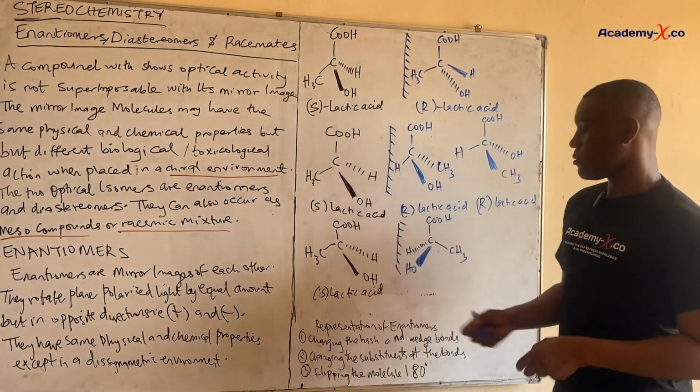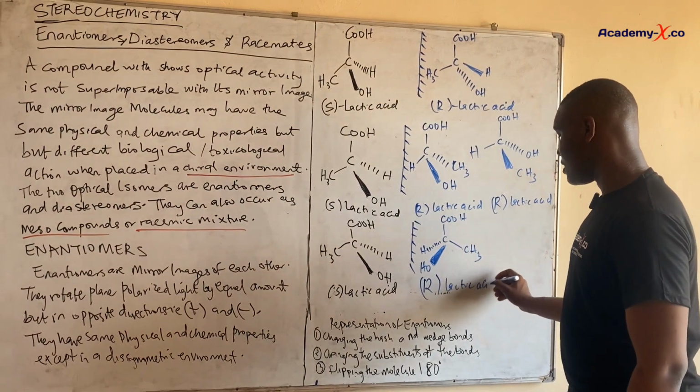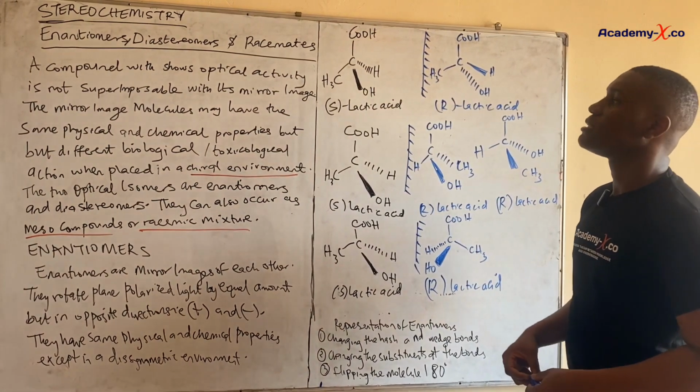Now if I flip this molecule, I'm going to get the enantiomer. So this is lactic acid. So these are ways of representing enantiomers.